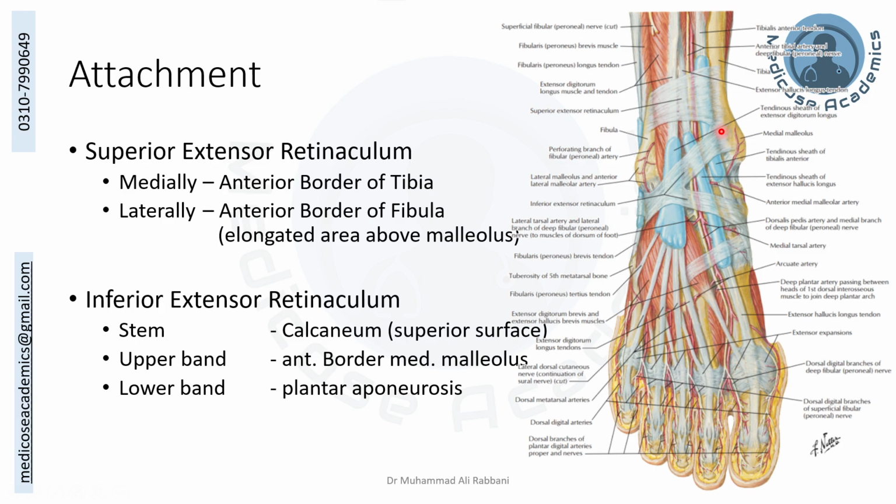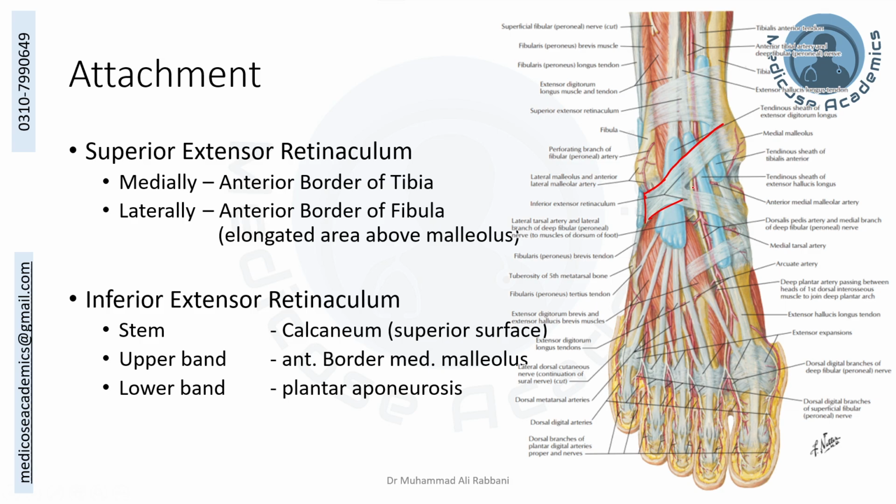The inferior retinaculum consists of a stem. This is the stem that is arising from the lateral margin, the supralateral surface of the calcaneum bone, and it is dividing into two bands.